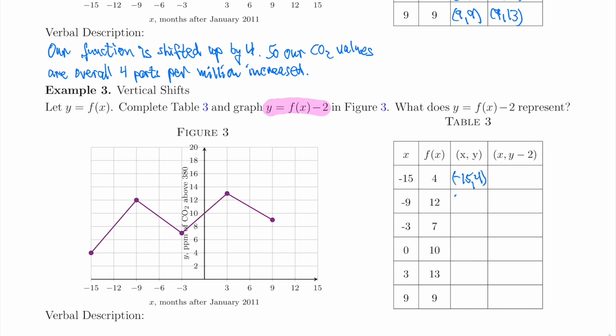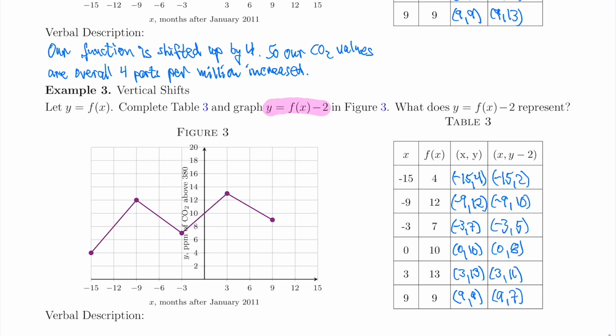That's my first point, and in the same way I'm going to fill in all the rest of my points. And now I take my y value and subtract 2, because I take my function value f of x and subtract 2 from it, so I get for our first point negative 15, 2.